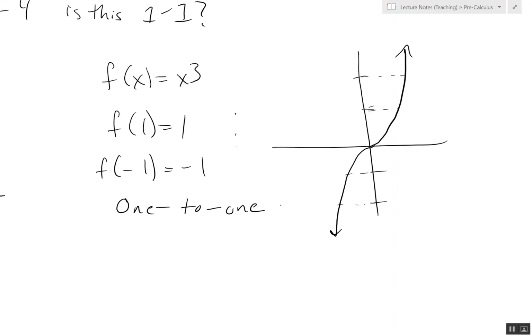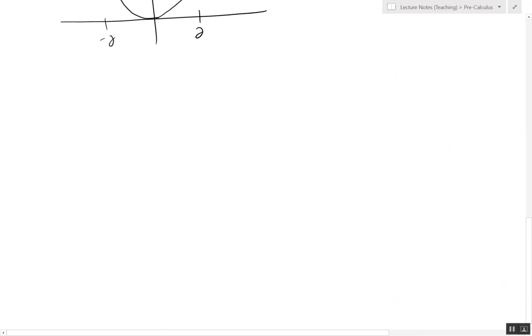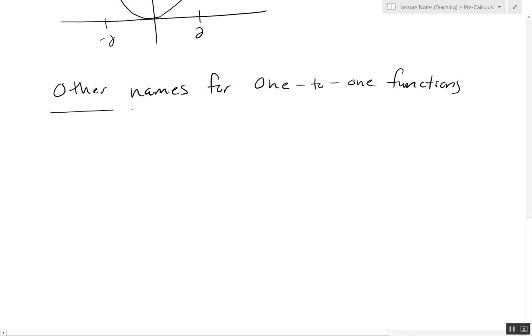Before I go, though, I wanted to talk about other names for one-to-one functions. The two most common you will find if you do an internet search: one is that a lot of people will just abbreviate the words to the expression 1-to-1 like this.